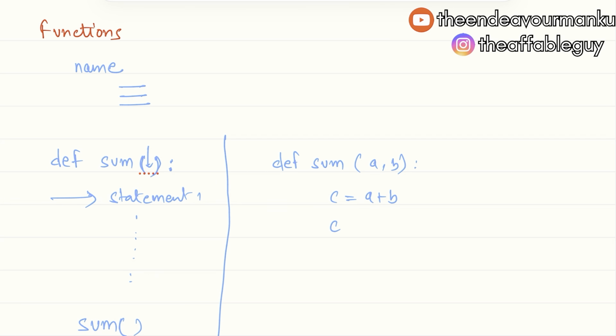Suppose this is my function definition. What if you don't want to predefine the number of arguments it can take? In that case you can just use a star and then put a.